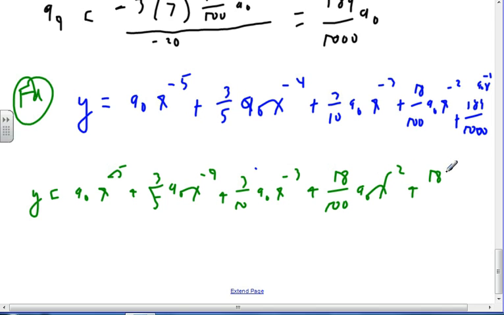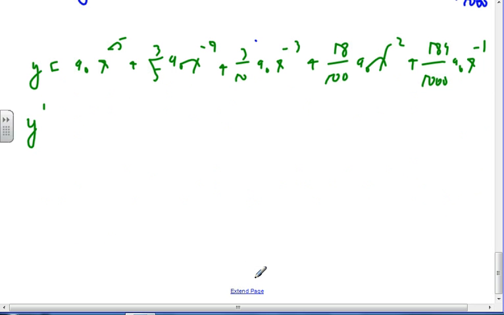I wish it wasn't doing that. a0 1000 a0 x to the minus 1. Y prime. Well, this is number 4.